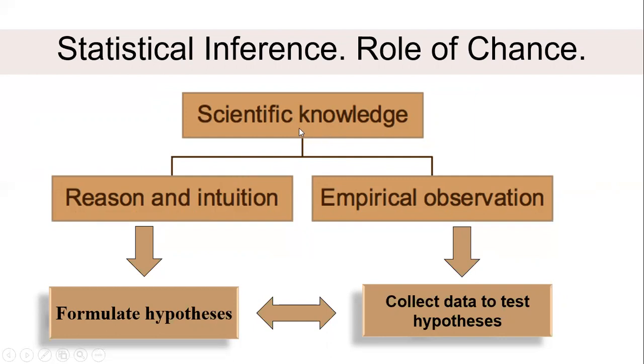And if not, scientific knowledge could be derived by means of empirical observations. Like you perform experiments, your own study, your own data gathering to verify or establish something. And if you have reason and intuition but don't have results yet, then all you have to do is formulate your hypothesis.